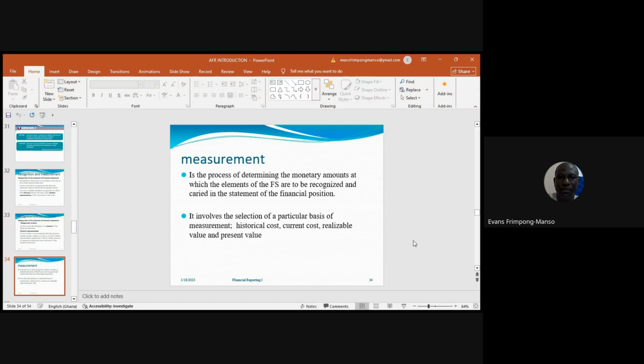And we have so many methods that you can employ. You can use the historical cost basis. You can use the current cost basis. You can use the realizable value or the deprival value basis. And you can also use the present value basis.